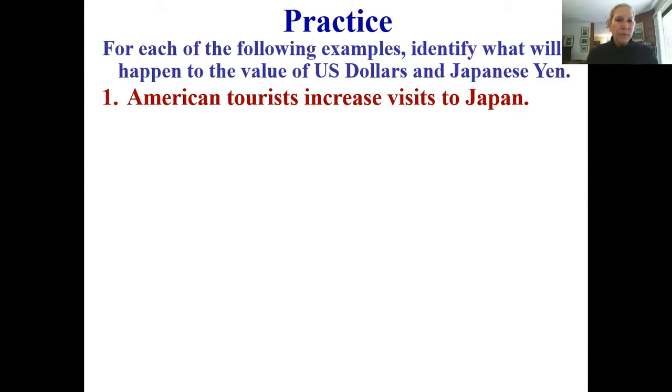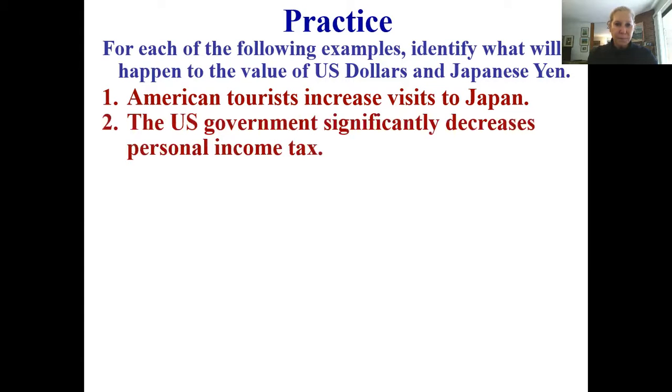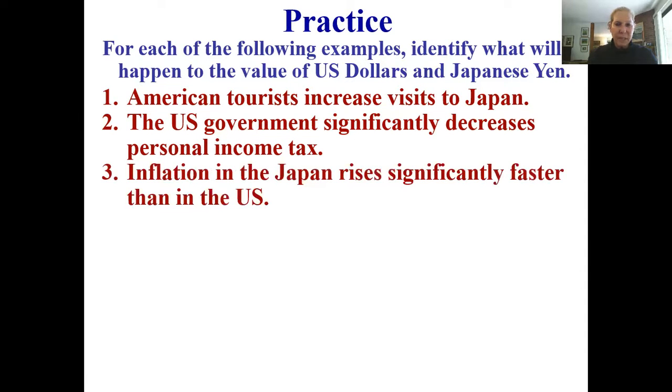One, American tourists increase visits to Japan. Two, the US government significantly decreases personal income tax. Three, inflation in Japan rises significantly faster than in the US.